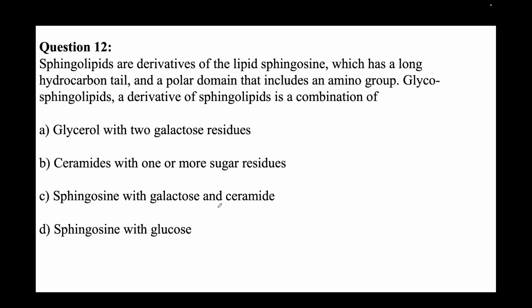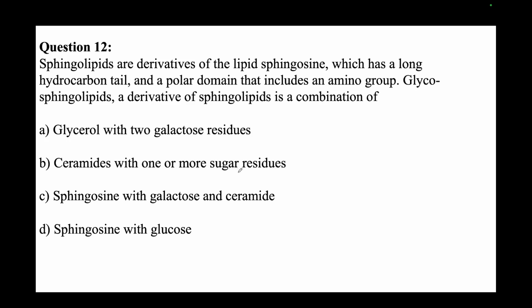So, sphingolipids, I showed you the structure of sphingosine, right? Sphingolipids are derivatives of sphingosine. In the sphingosine, we have an amino group which attaches a fatty acid chain and becomes ceramide. It already has a hydrocarbon tail, the sphingosine.